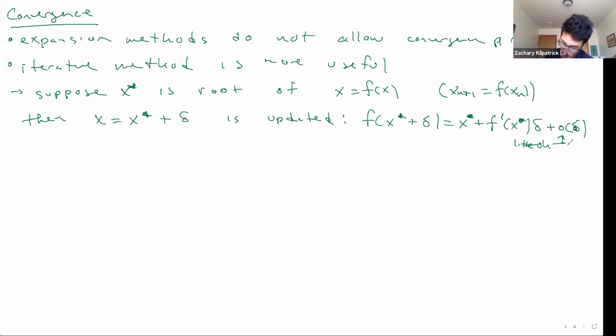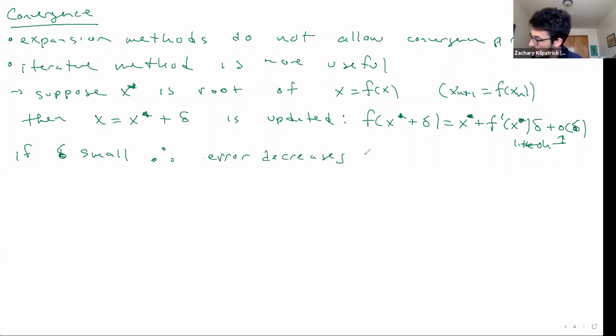Of course, this requires knowing that you're close to the root to begin with, but assuming that you are close to the root, this says that you should keep perturbing your solution until you get closer and closer. So if delta is small, the error decreases if f prime of x star has magnitude less than 1.